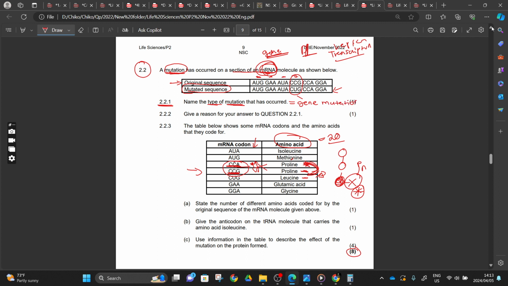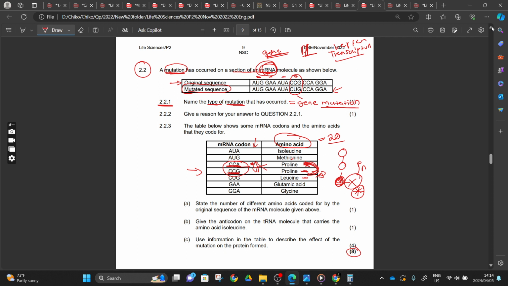Here's the thing. There are those of you who want to act like you know things. Someone was coming to say that because C was replaced with U, this was a point mutation. I told you that point mutation and point shift mutation, we are not going to entertain in our learning, right?